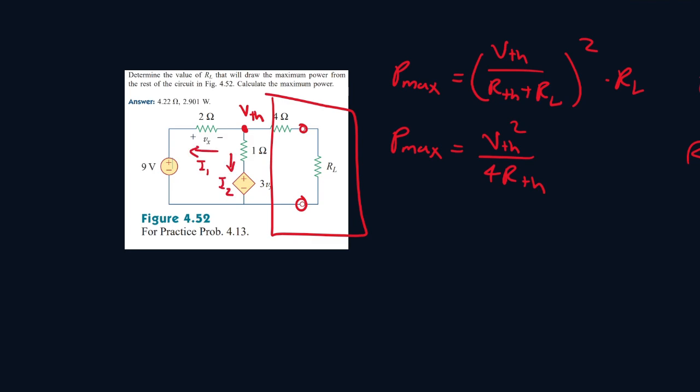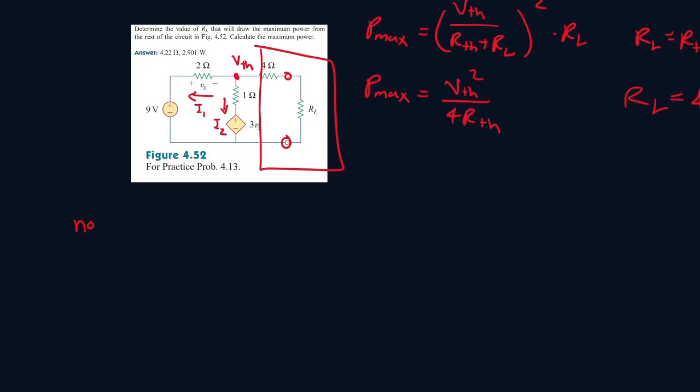And let's draw a direction of current here. I'll call it I2. So node VTH, it's I1 plus I2 equals 0. I1 is VTH minus 9 all over 2 plus VTH minus 3Vx all over 1.